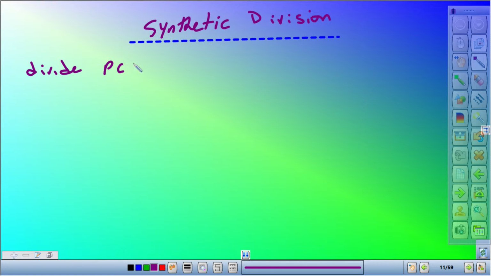This function is named p of x, x cubed minus 2x plus 1. You're going to divide this by x minus 2. Okay?